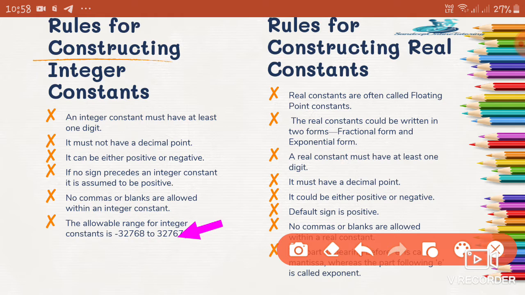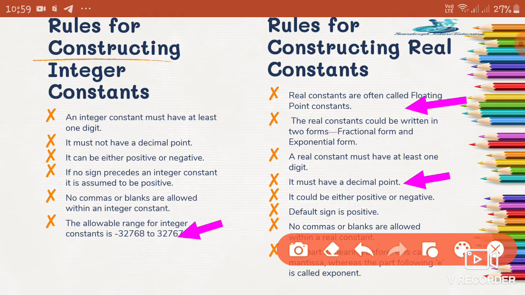Next are the rules for real constants. Real constants means floating point numbers, like fractional part, exponential part. In two forms we can write real constants. It has a decimal point.